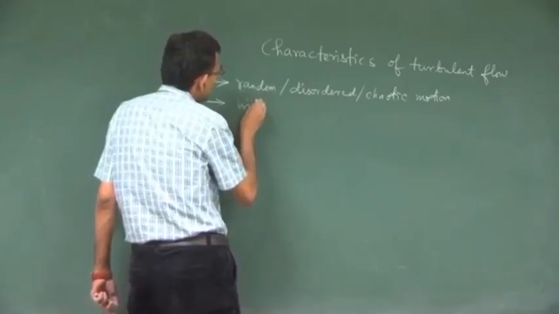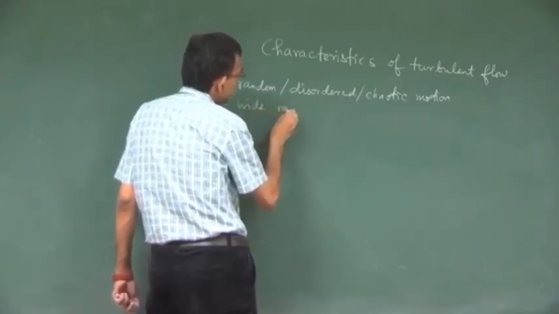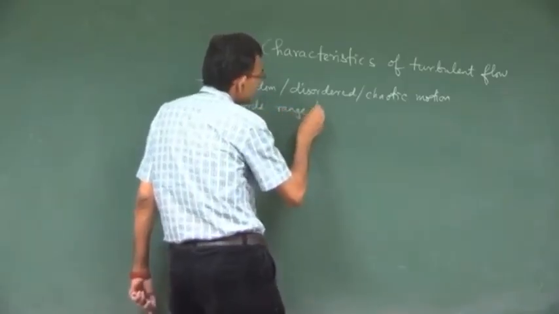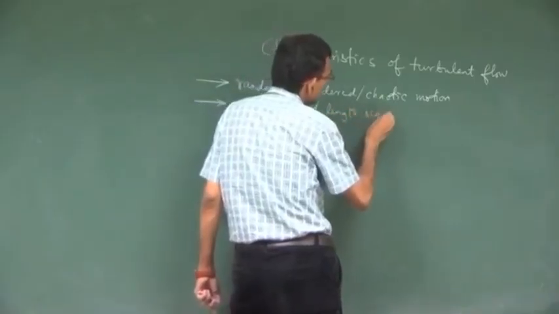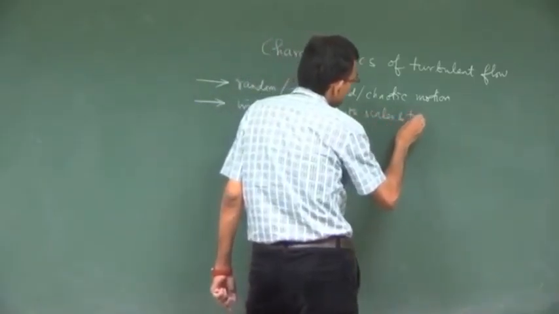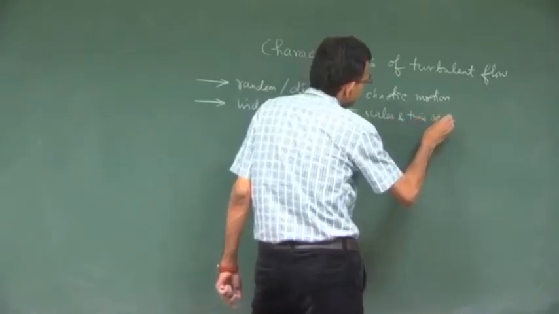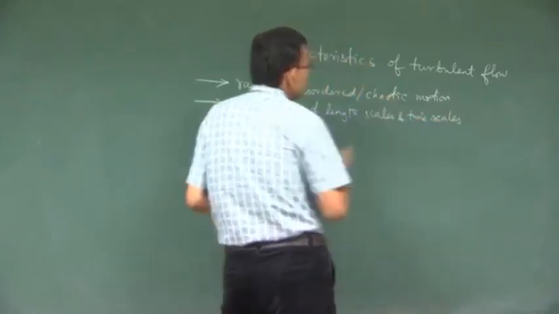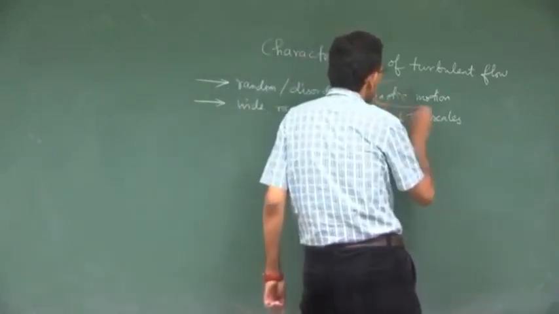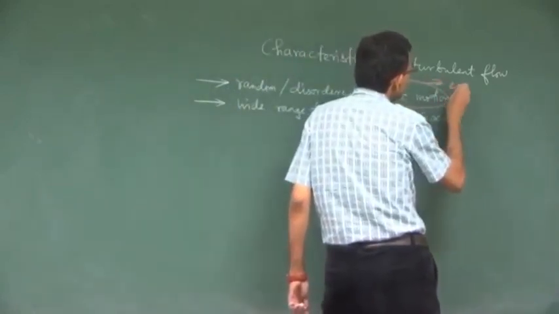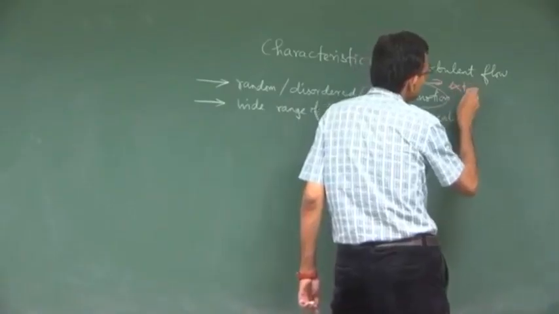Wide range of length scales and time scales. And a corollary to chaotic motion is that it is hallmarked by extreme sensitivity to initial conditions.